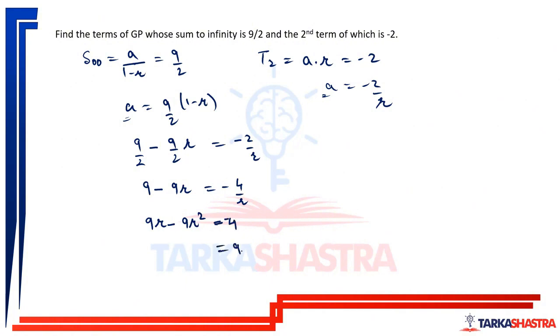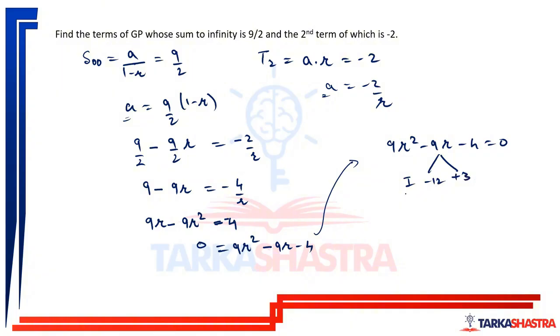So 9r square minus 9r minus 4 equal to 0. This is your quadratic equation. How to solve the quadratic equation? This will be minus 12, positive 3.